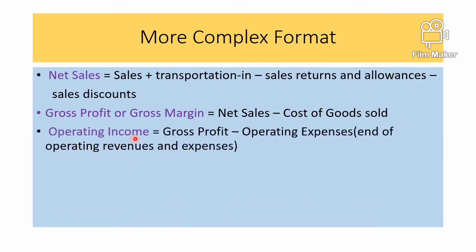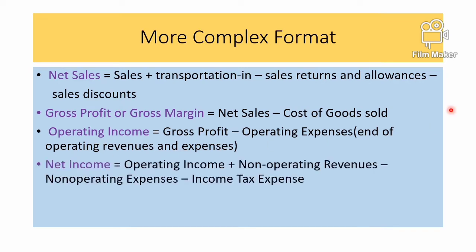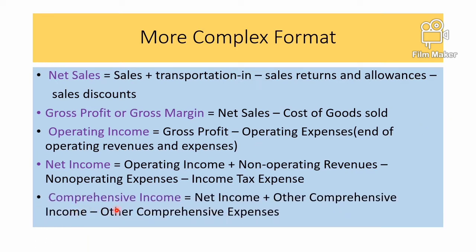Operating income is equal to gross profit minus operating expenses. Net income is equal to operating income plus non-operating revenues minus non-operating expenses minus income tax expense. Comprehensive income is equal to net income plus other comprehensive income minus other comprehensive expenses.